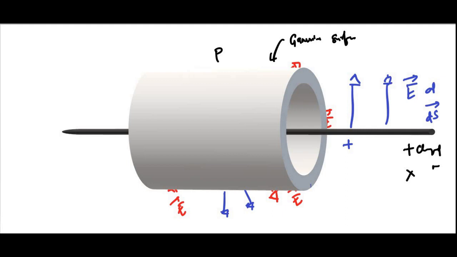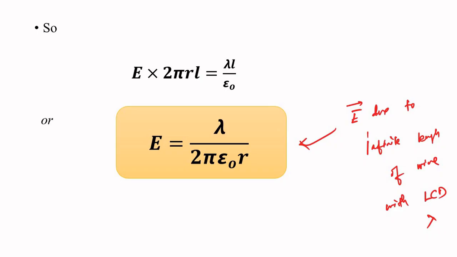For the entire end cap region, if we take any area, the area vector ds will be outwards, and it will always be perpendicular to the electric field lines. For both the end caps, it will always be 90 degrees. Whereas for the cylindrical portion, the angle between the electric field vector and the area vector will always be 0.